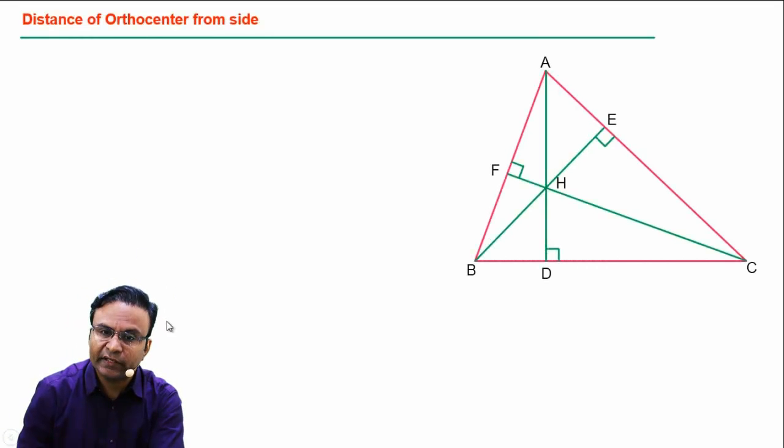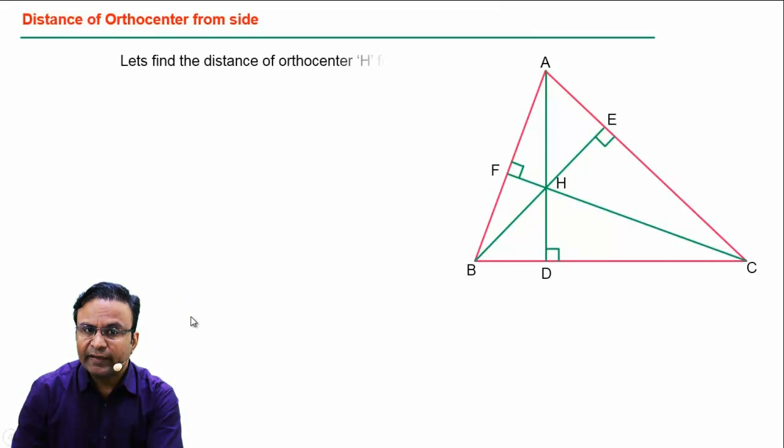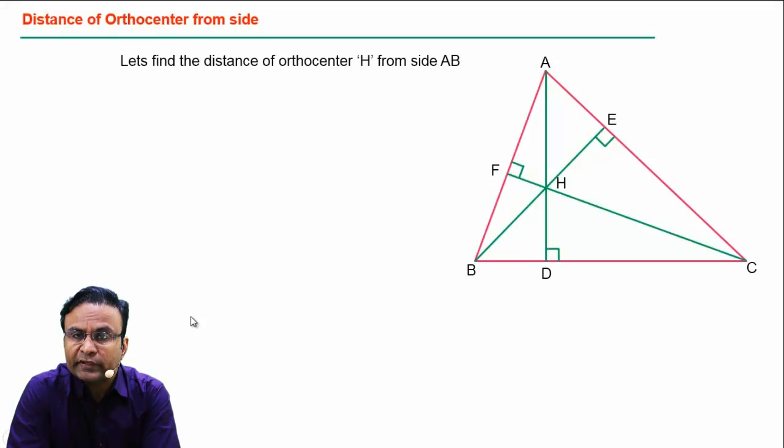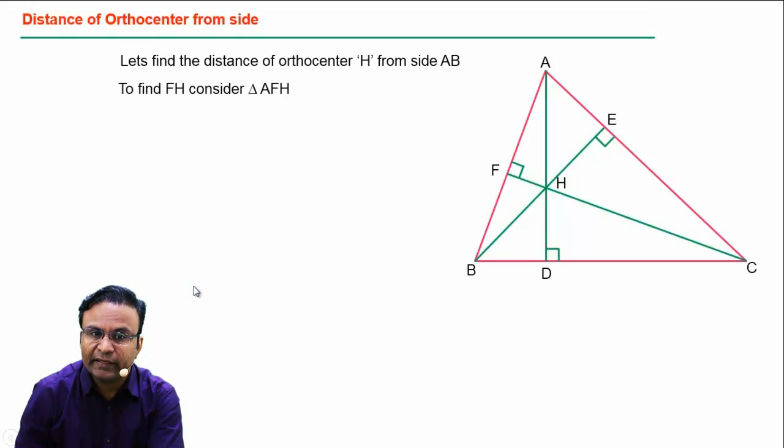For that, consider again triangle ABC with altitudes. Let's find the distance of orthocenter H from side AB, that is FH. We have to find length FH. Again, to find FH, we will consider one triangle in which we can find length FH, that is triangle AFH.